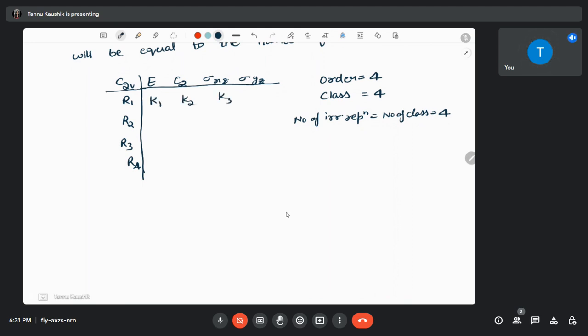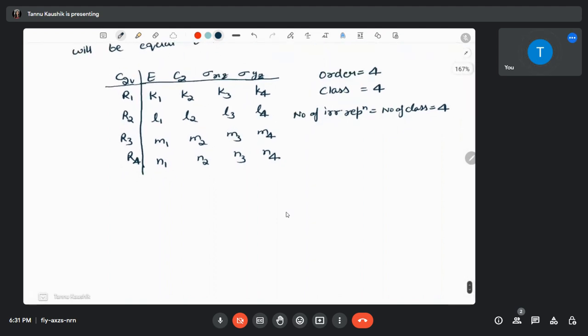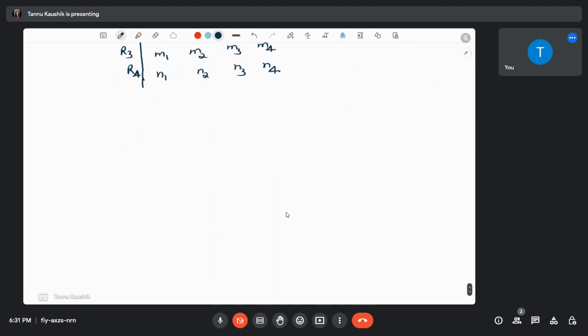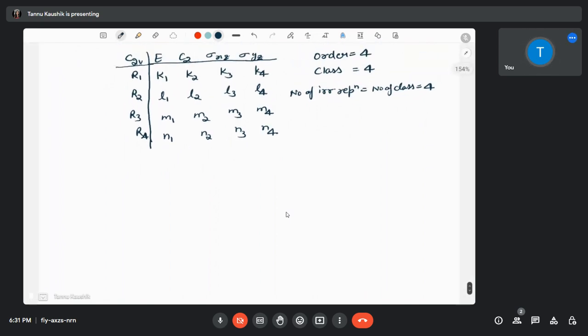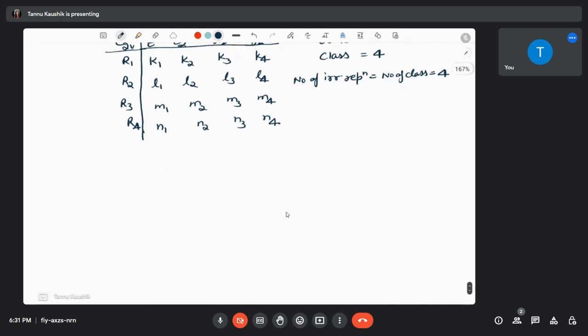Let them be K1, K2, K3, K4, L1, L2, L3, L4, M1, M2, M3, M4, N1, N2, N3, N4. So this is the first postulate to create the table for a particular point group.